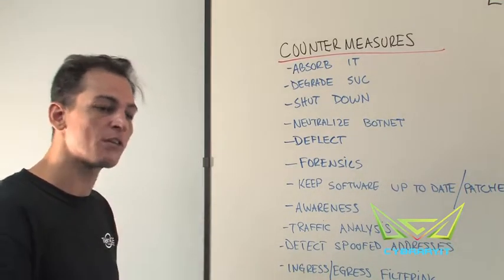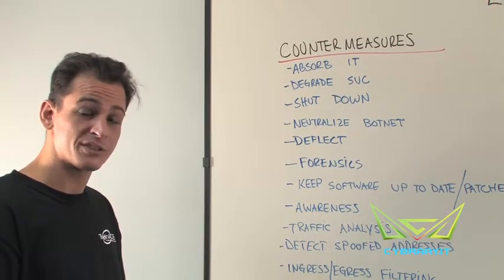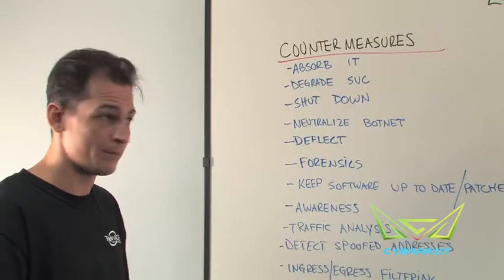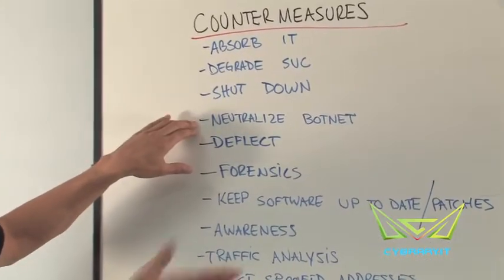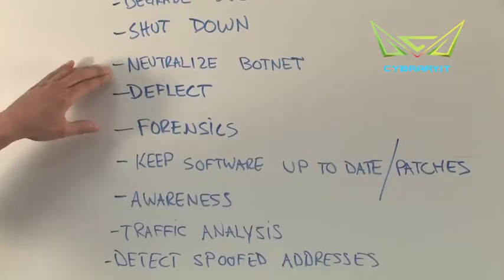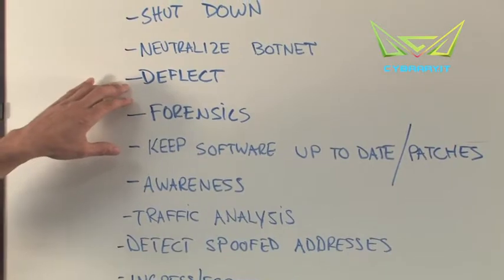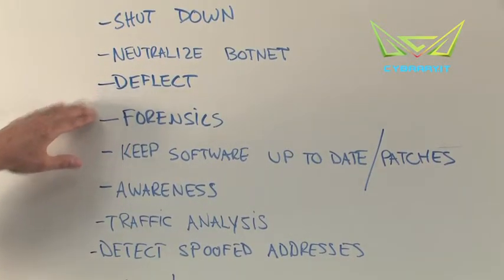You could basically shut down your non-critical services and hope that there's just enough critical services to maintain being up and running. You could try to actively find the botnets that are out there and neutralize them. You could deflect them, right? If an attack comes in, you deflect it and send the traffic somewhere else.